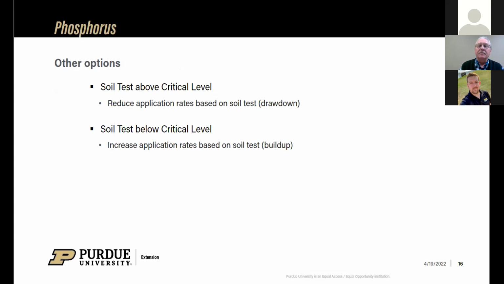And again, looking at those critical levels, we determine based on the critical level for your specific soil whether you need to draw down or build up your potassium.